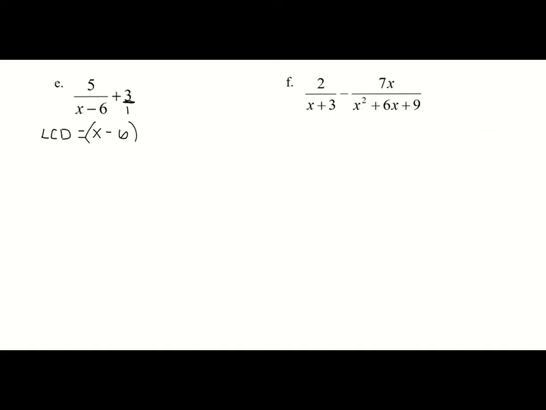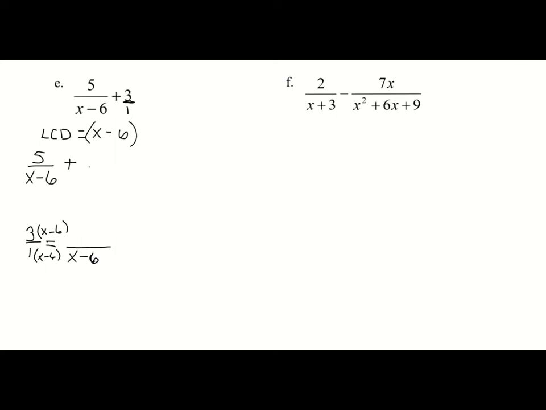So my 5 over x minus 6 is already there, it's the 3 over 1 that I have to make have a denominator of x minus 6. So I write 3 over 1, and I need it to have a denominator of x minus 6. That means I multiply the bottom times x minus 6, which means I'll multiply the top times x minus 6.